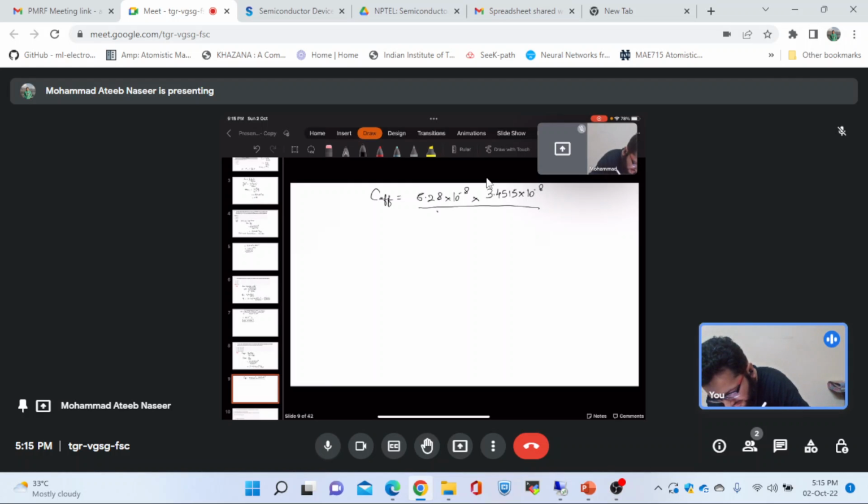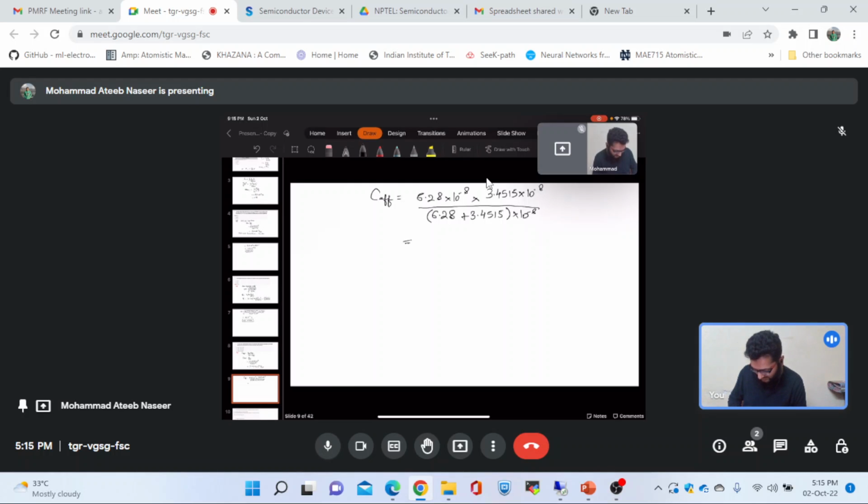If I now take these quantities, 6.28 plus 3.4515 into 10 raised to the power minus 8, I will get the effective capacitance by simply multiplying 6.28 into 3.4515.